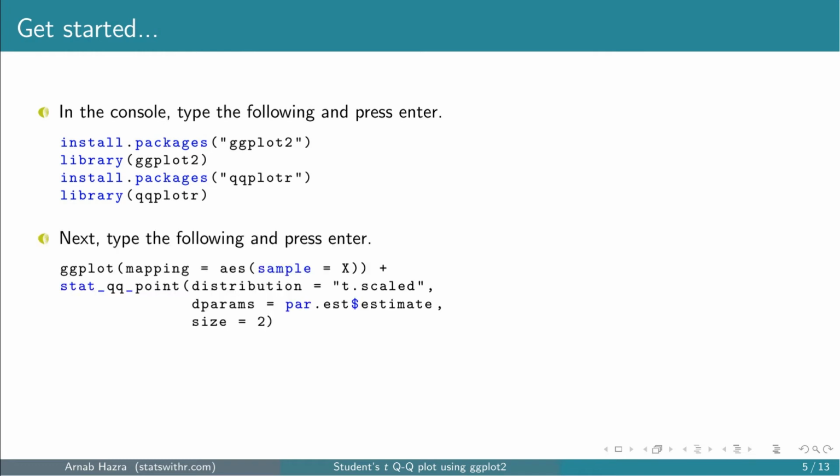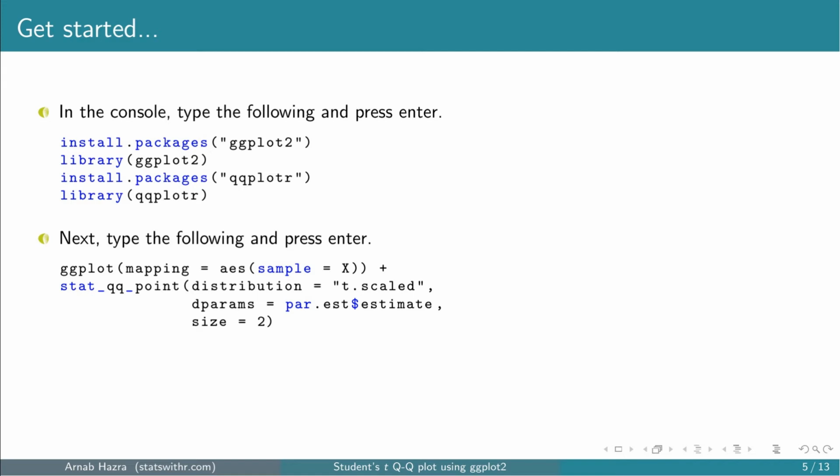Next, in the console window, type ggplot(mapping = aes(sample = x)) + stat_qq_point(distribution = t.scaled, dparams = the fitted MLEs, size = 2).